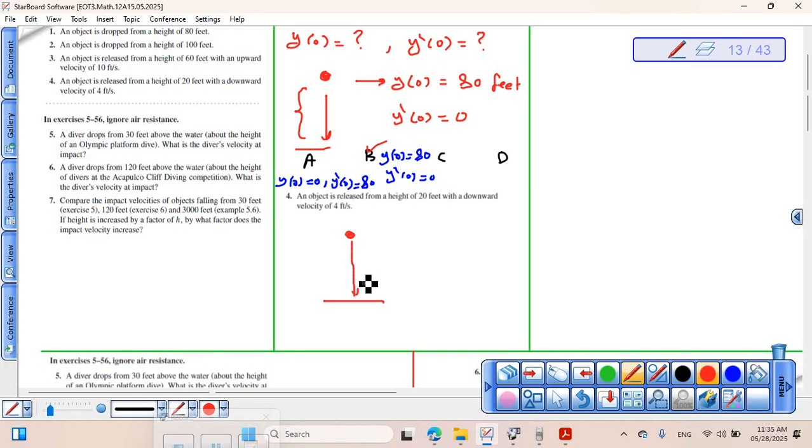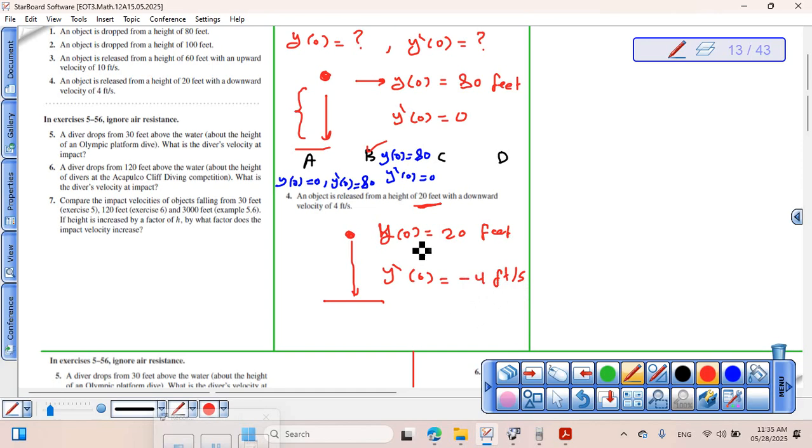But here, y at 0 equals 20 feet, and y prime at 0 equals negative 4 feet per second.